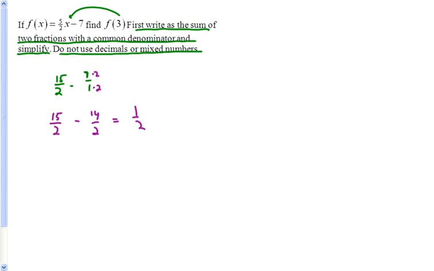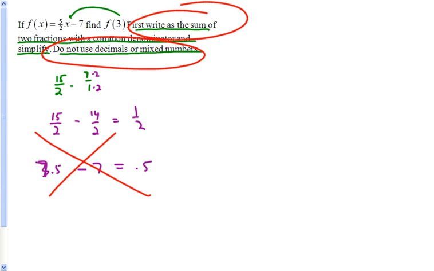Now if you type that in your calculator, you're going to get 7.5 minus 7 equals 0.5. And on your test paper, I'm going to do this and this because I want you to write it as the sum of two fractions with a common denominator.